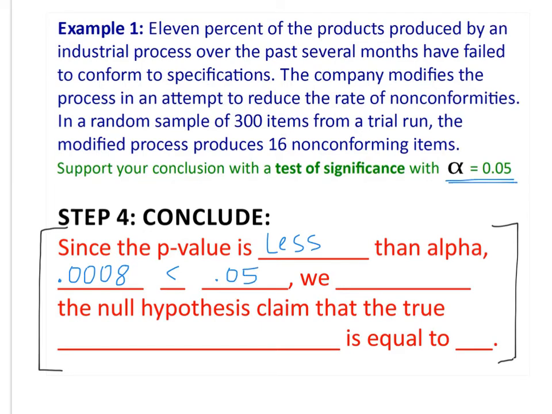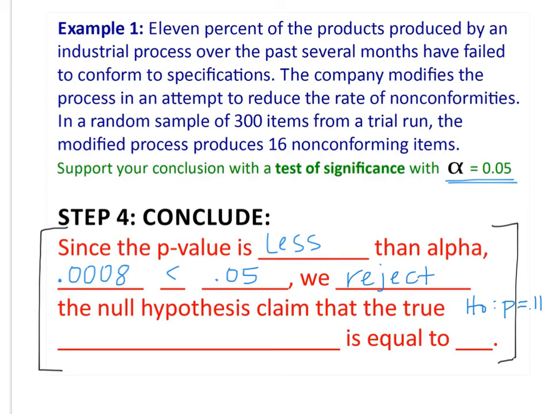That was from the beginning. Well, if the p-value is less than alpha, I get to reject the null hypothesis. We think about the null hypothesis, it was H0, said that p was equal to 0.11. So I get to reject that claim.